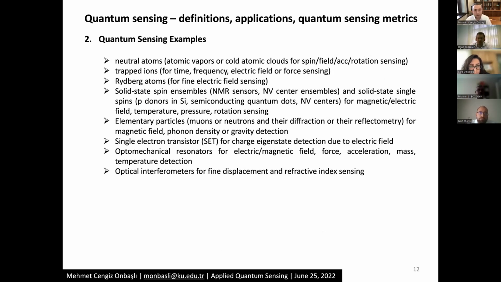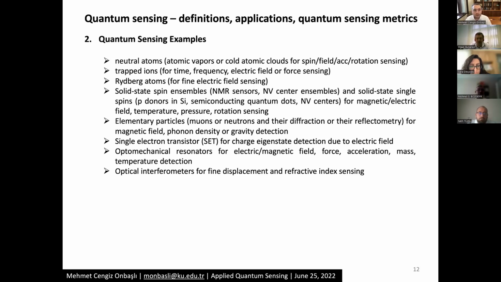So to give an example for each kind of sensor, we can look into neutral atoms, trapped ions, Rydberg atoms, solid-state spin ensembles, and solid-state single spins. So these can be quite relevant because they are quite actively studied by many companies in the field.